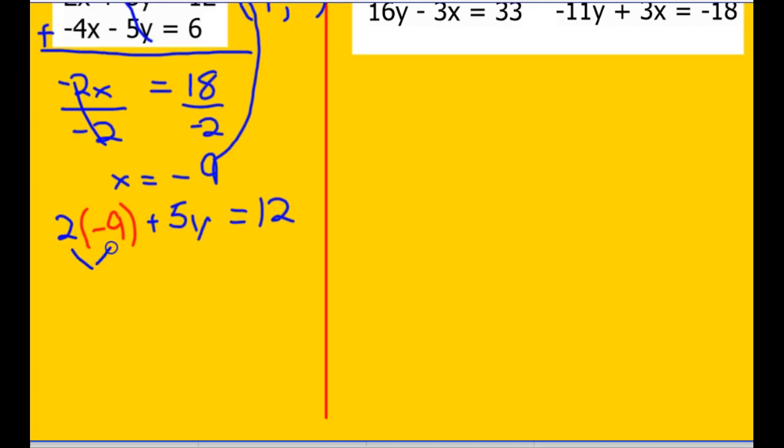2 times negative 9, that's negative 18, plus 5y equals 12. Well, we have to get 5y by itself, so we're going to do the opposite. We're going to eliminate the negative 18. So we're going to add 18 to both sides.